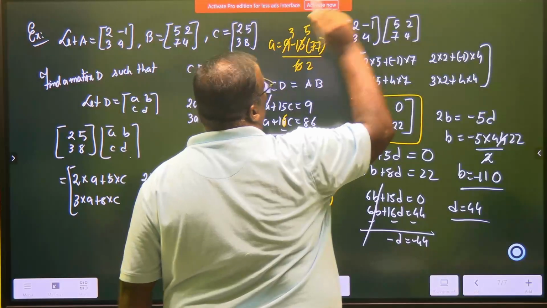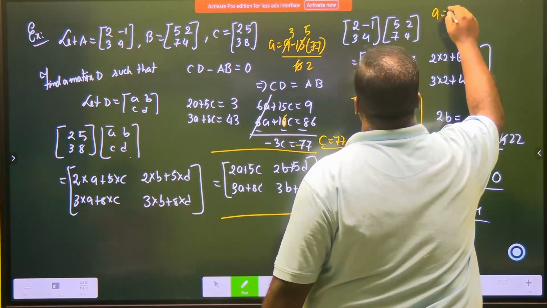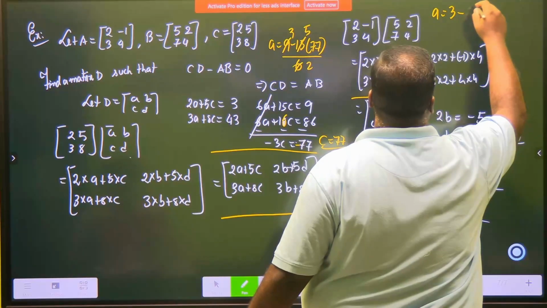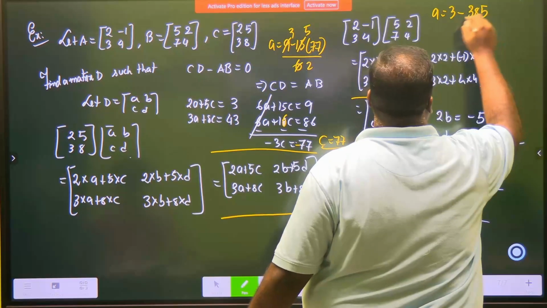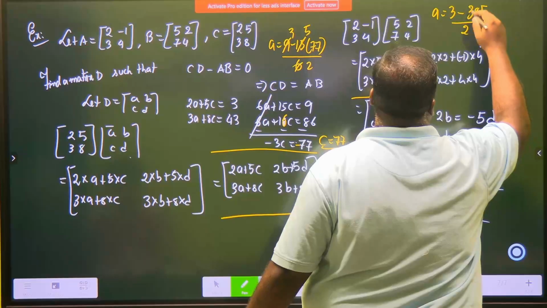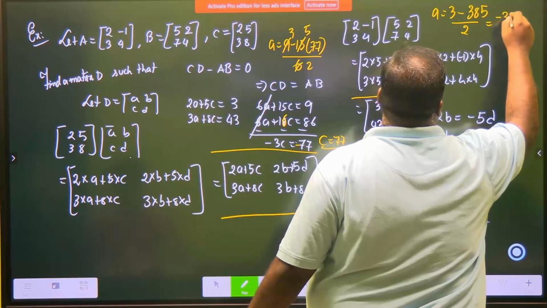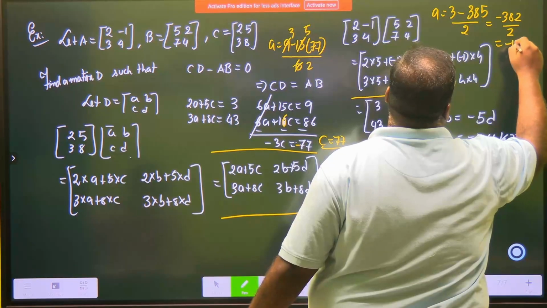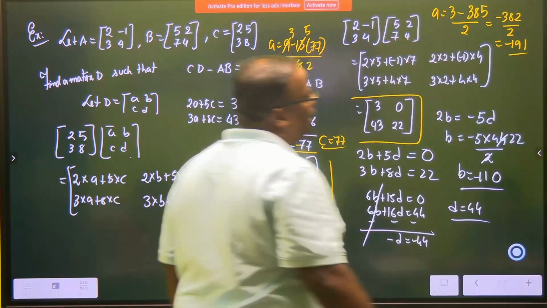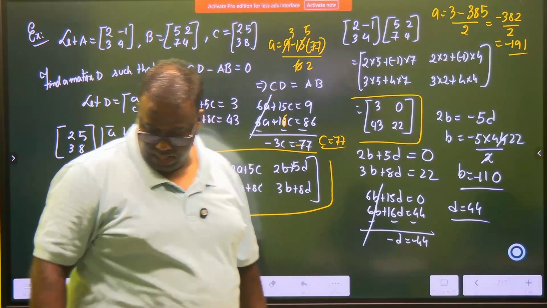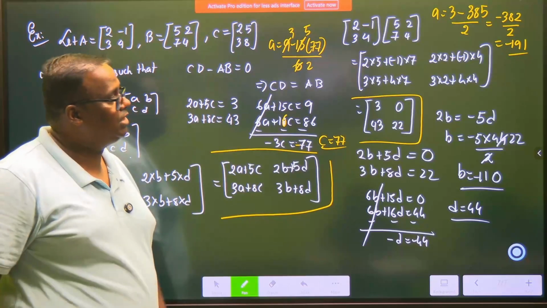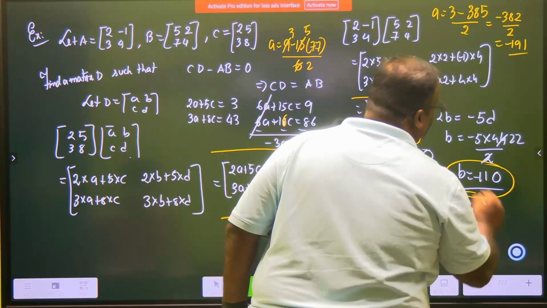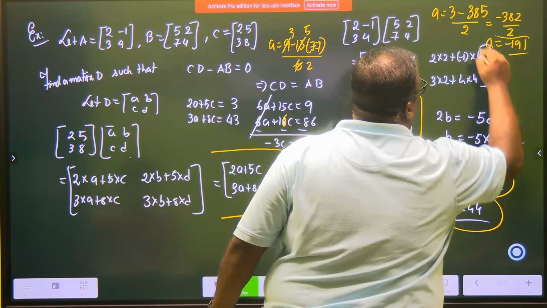This is the least we can do. So A's value is equal to 3 plus 385 divided by 2, which is equal to 388 by 2, which is equal to 194. Yes, we are correct.